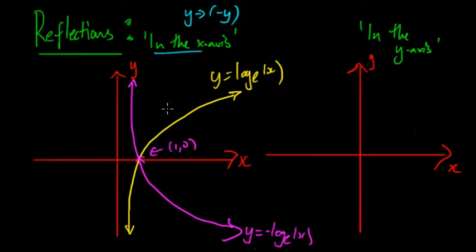The main thing you have to be careful of is when there are translations or dilations beforehand, and this may slightly change the reflection. But just look at the x-axis, make sure you reflect it, change y with negative y, and see what the new equation will be. So what about if we're now reflecting in the y-axis?